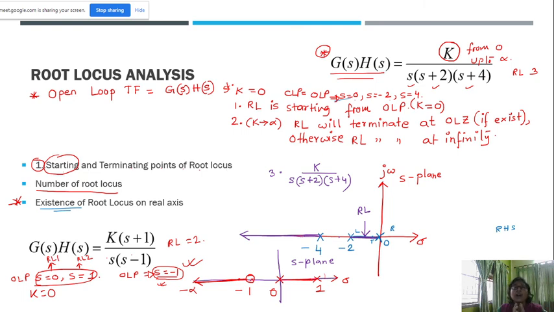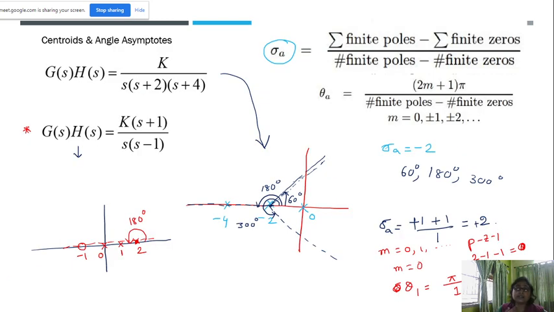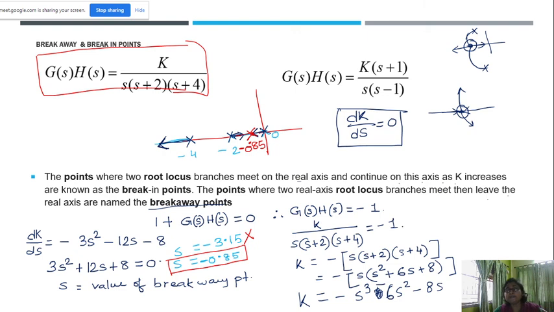After that, we have to take the centroid and the angle of asymptotes from the transfer function. And next, we need to understand if a breakaway point exists or not. If it exists, we have to take the condition of the breakaway point.